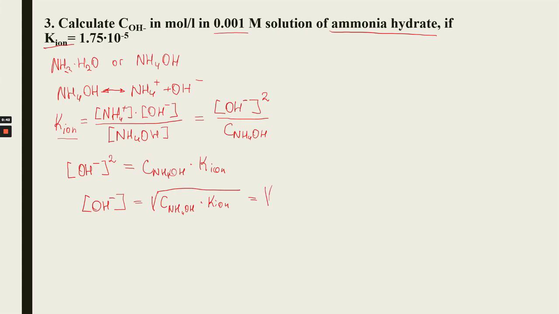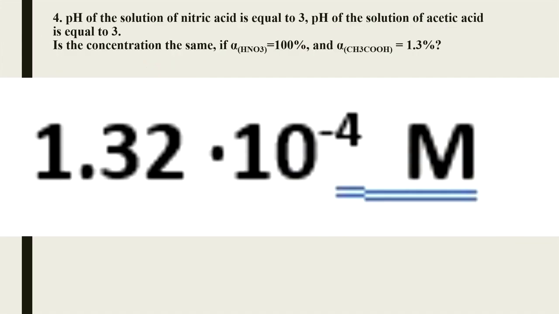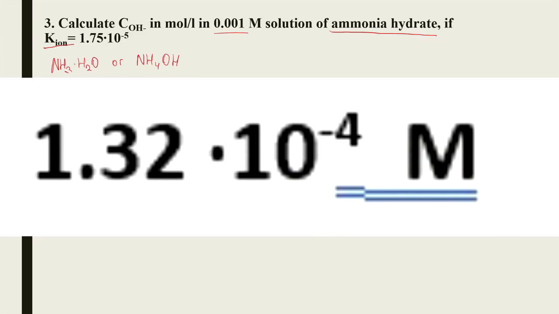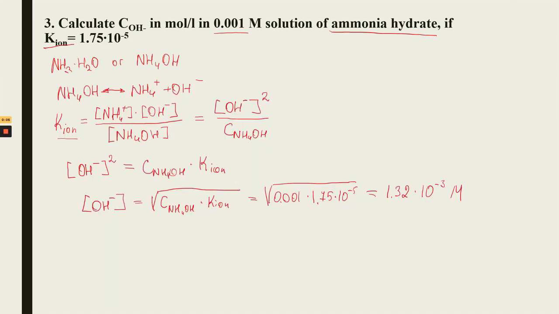Now we put in all the numbers. 0.001 multiplied by 1.75 times 10 to the minus 5, and it will give us 1.32 times 10 to the power minus 4 moles per liter. Actually, this is the answer to our question. In that case, the molar concentration is the same as the equilibrium concentration.